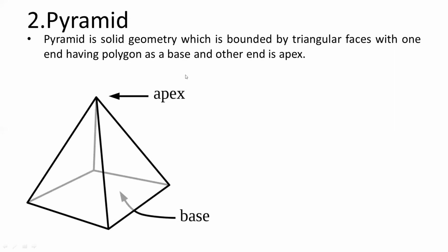So this is the geometry for the pyramid. For the pyramid, all its faces are triangular in shape. One end has a polygon base and the other end is the apex. So you can observe here, there is a common point for all the triangular faces. That common point is called the apex. Okay. And the base is the polygon.